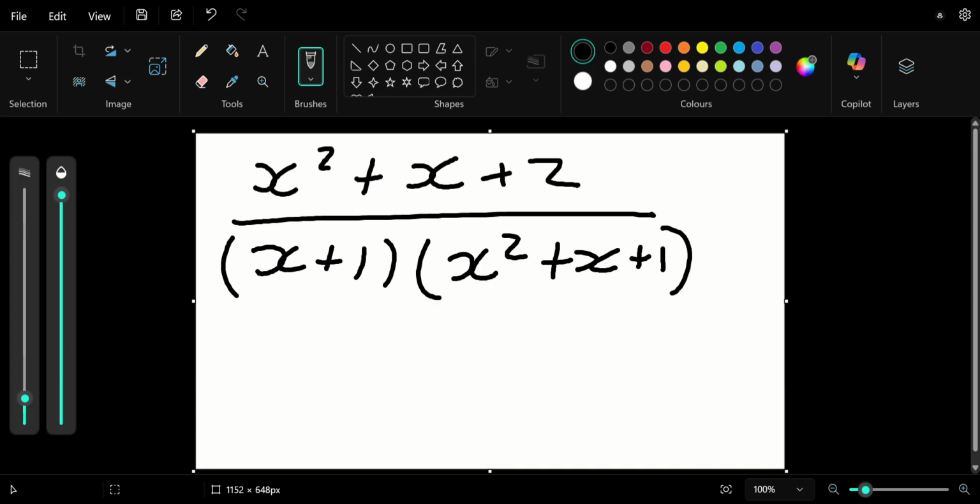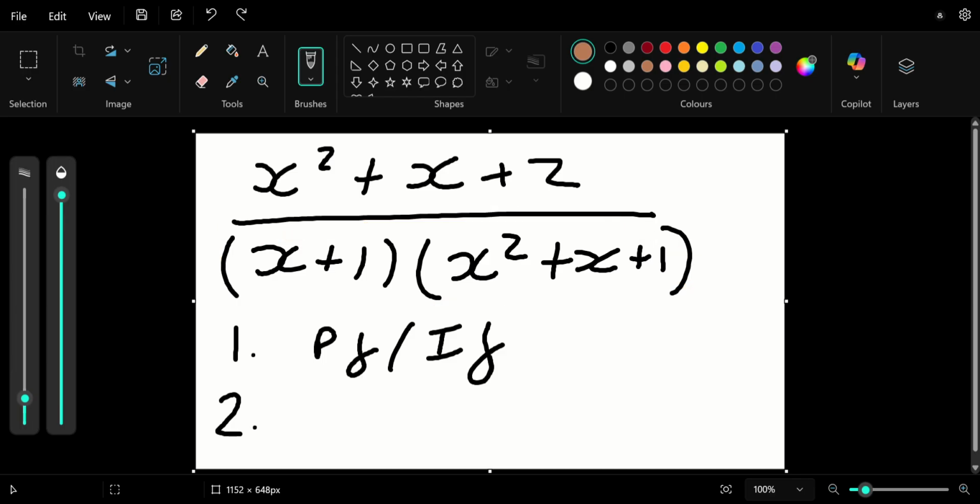Now before you start your partial fractions, first we have to do some analysis. Our first point of analysis is whether it's a proper fraction or an improper fraction. Our second point of analysis is observing the denominator.